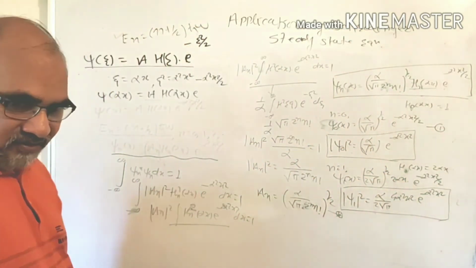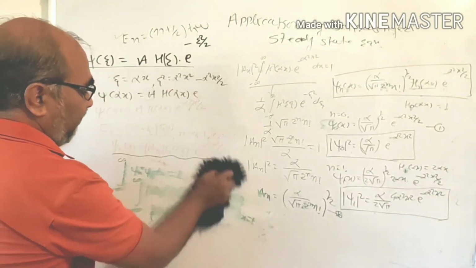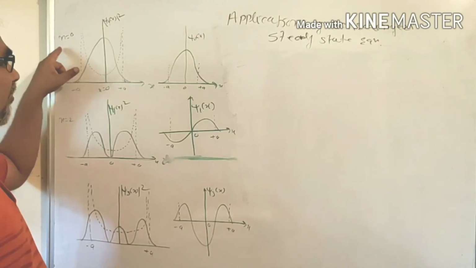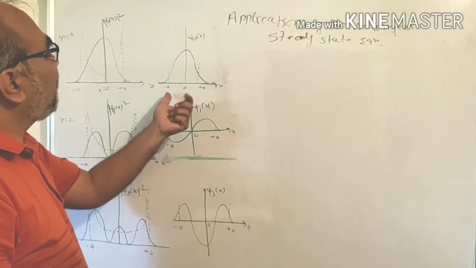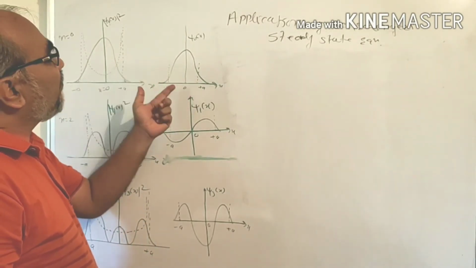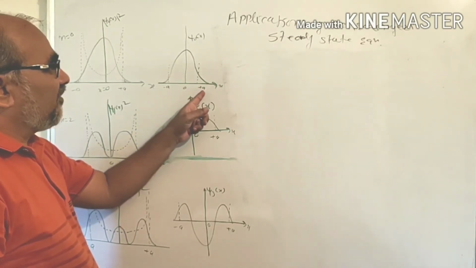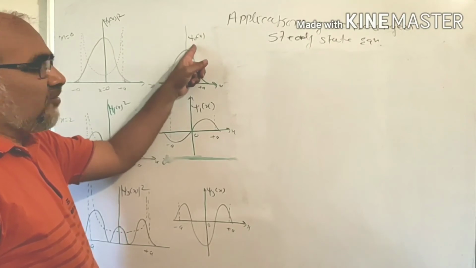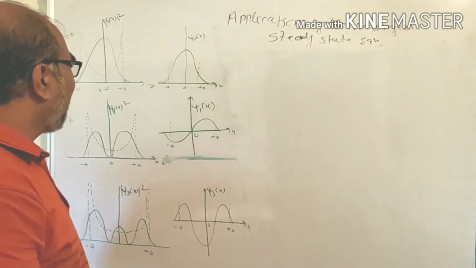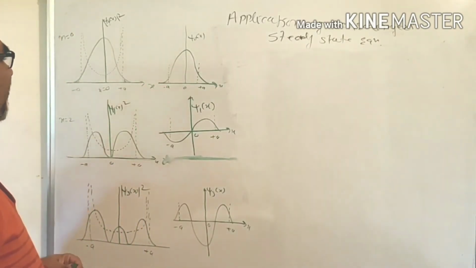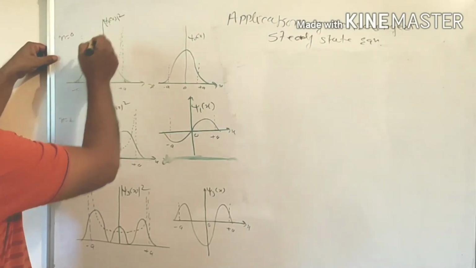If we go for the diagrammatical point of view, then with n equal to 0, the wave function is given here. This is minus a, 0, plus a, and on the y-axis this is ψ_0 of x. So this is the one loop here, and the probability density is mod ψ_0 squared.